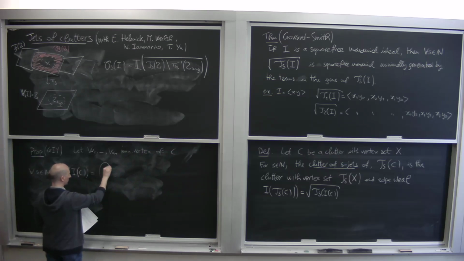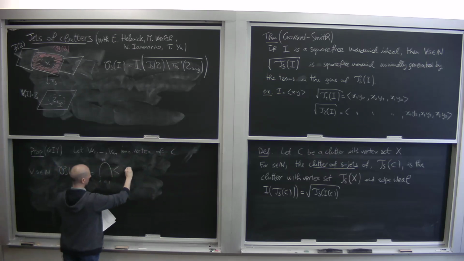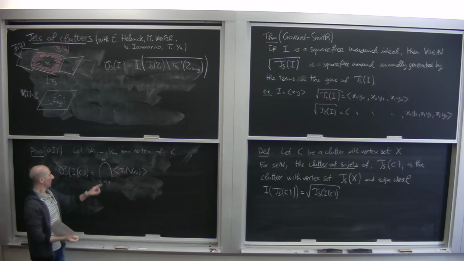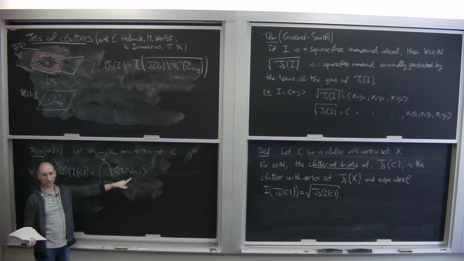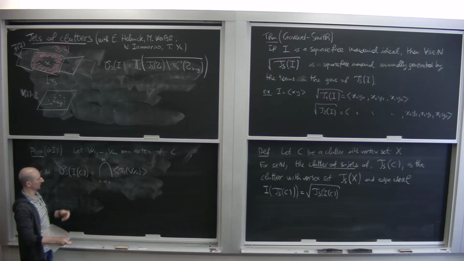You can actually describe it by giving a primary decomposition. For each one of these components, Wi, you just take the jets of that. So remember, this Wi is just a set of variables, x, y, z. So applying this JS to a set of variables means now I'll have x0, x1 to xs, y0, y1 to ys. So just more variables. Intersect, you get this.